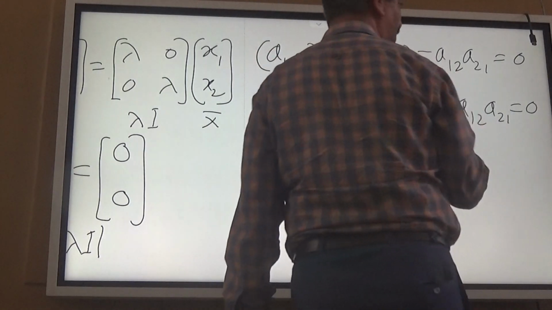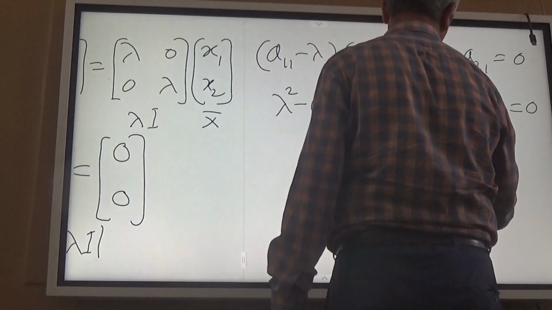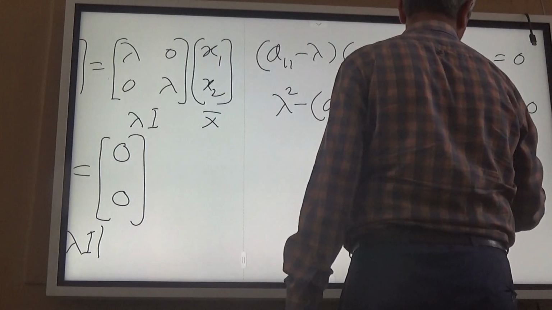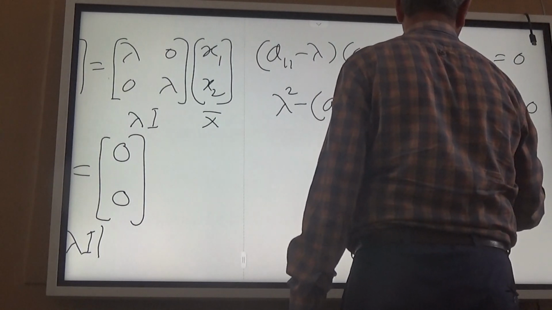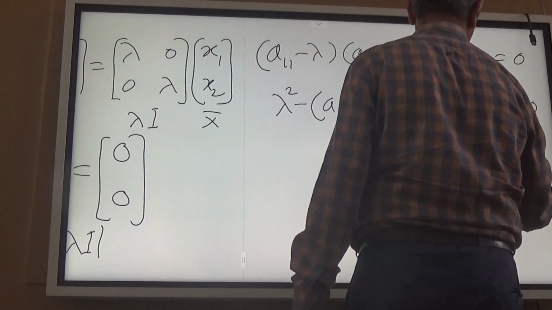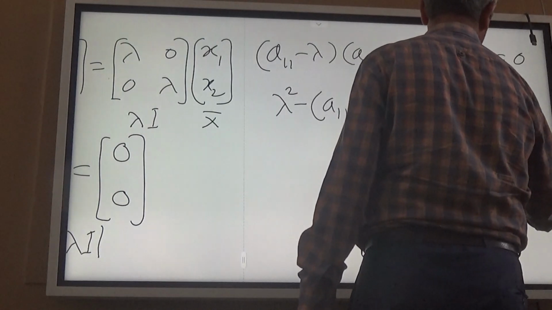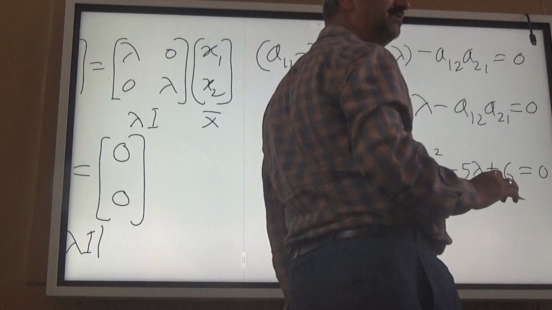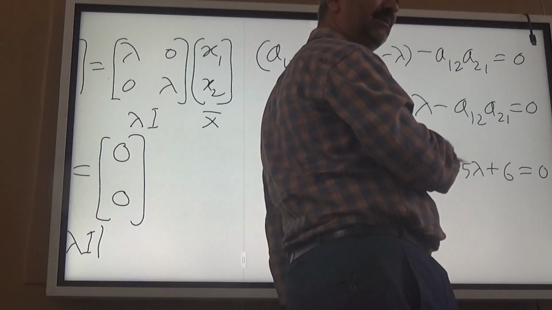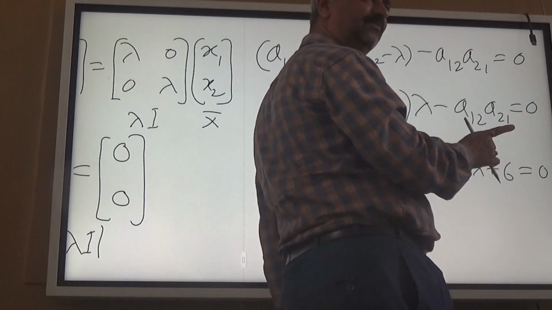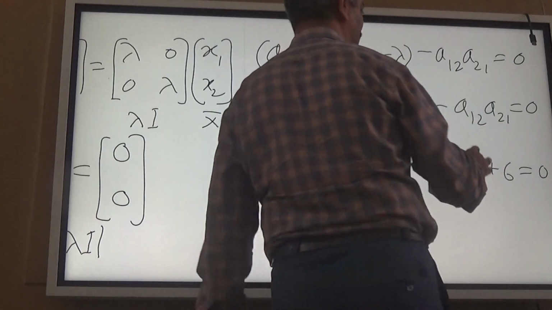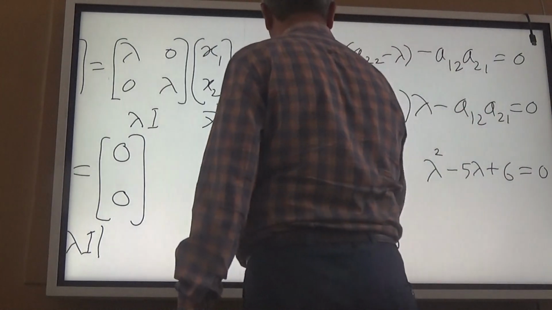A good quadratic equation we are aware of: lambda square minus 5 lambda plus 6 equal to 0. What is the solution? Lambda minus 3, lambda minus 2. Right? So we try to have that. So what can we have?